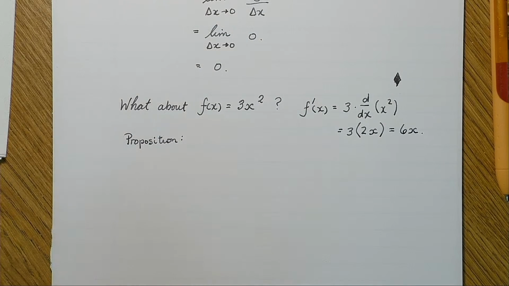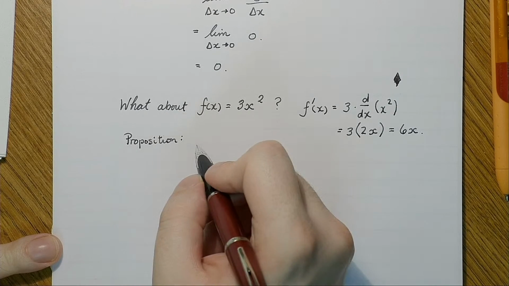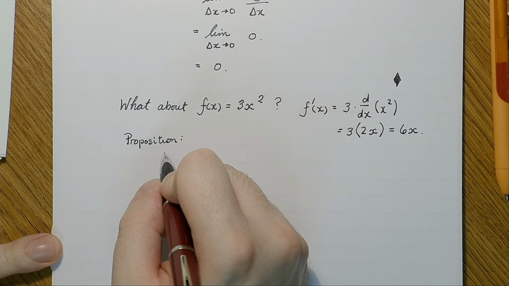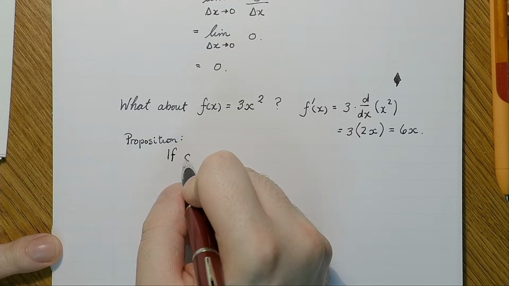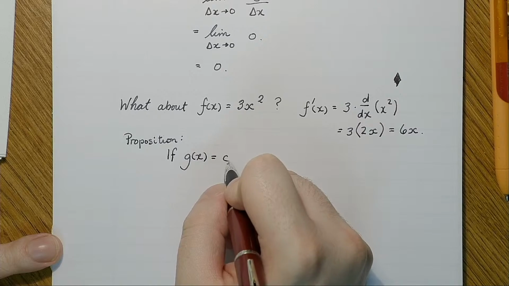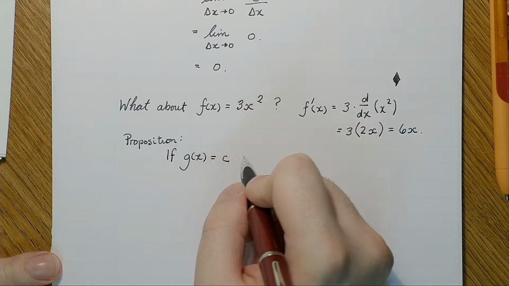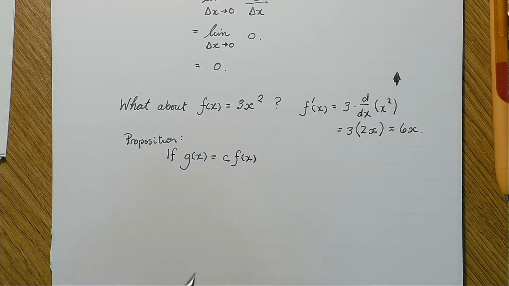So that's what we're going to kind of show, that if I have a function that's made up by c times a function like that, wouldn't that be like the product rule with limits?